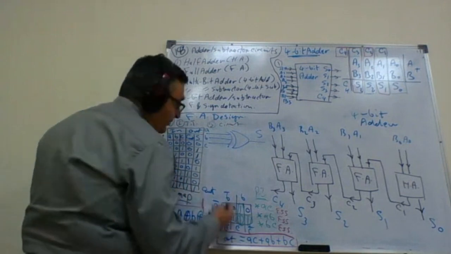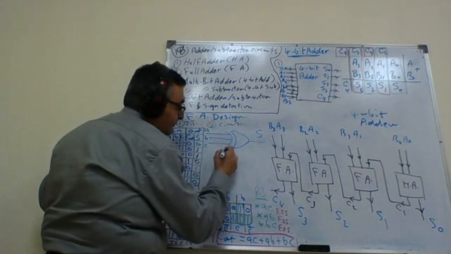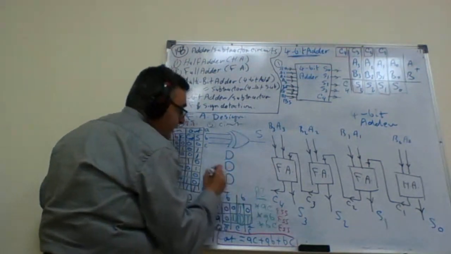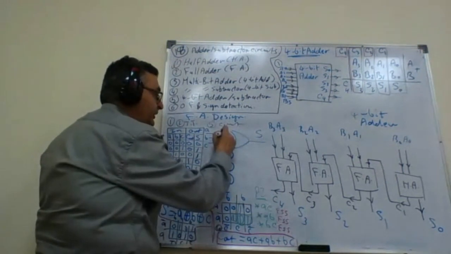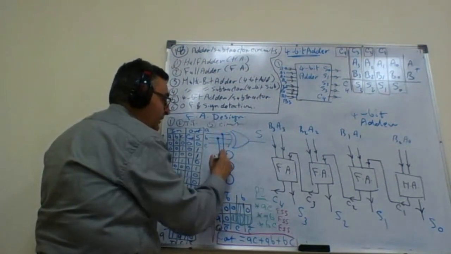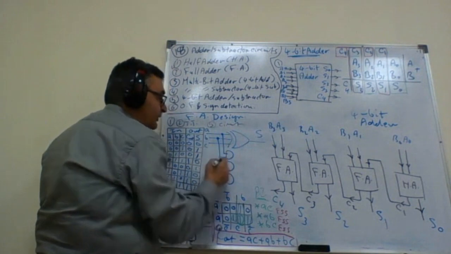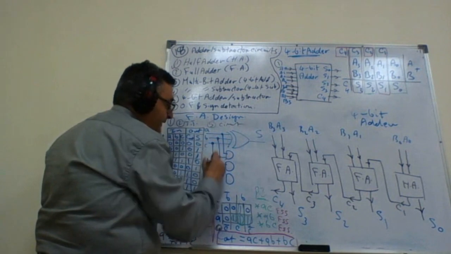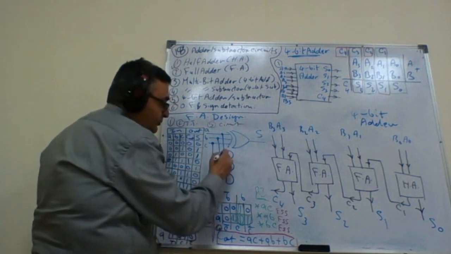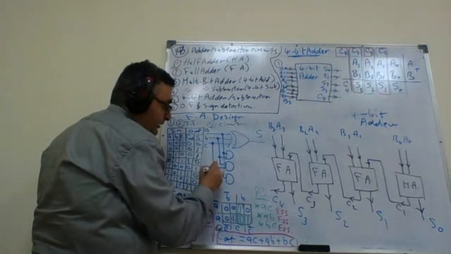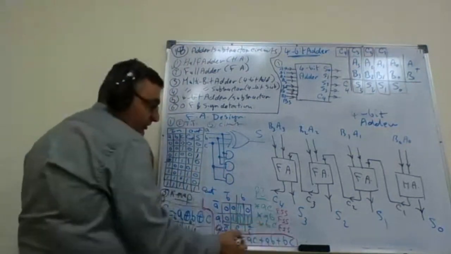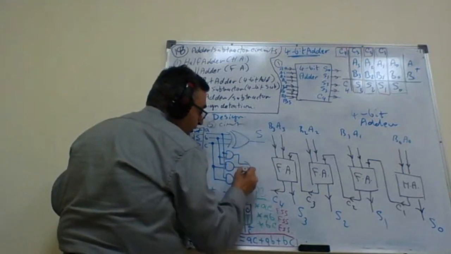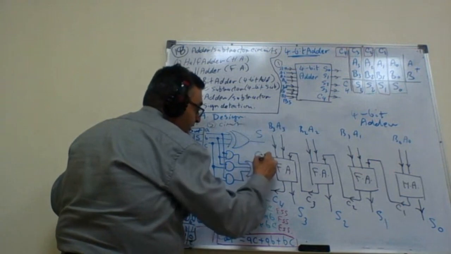And we have 3 AND gates. 1 AND gate, 2 AND gate, 3 AND gate. The first AND gate is between A and B. The second AND gate is between B and C. And the last one is between A and C. So these 3 outputs should be ORed together to give me the output C out.